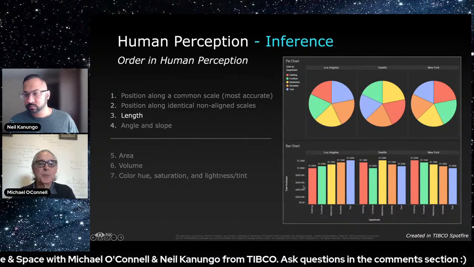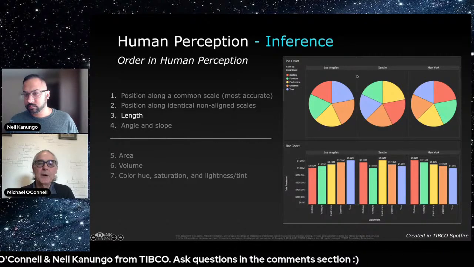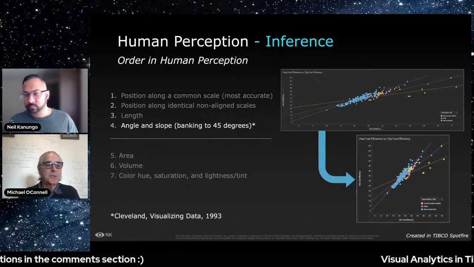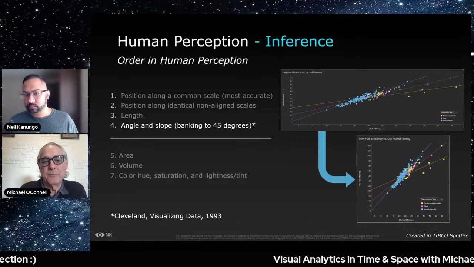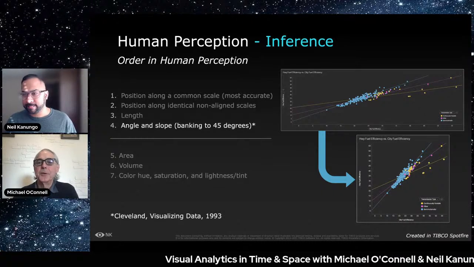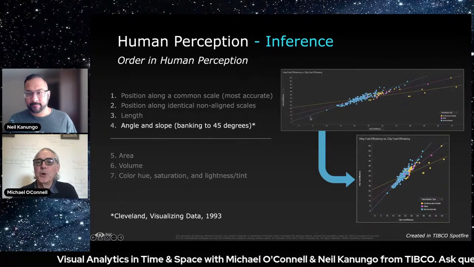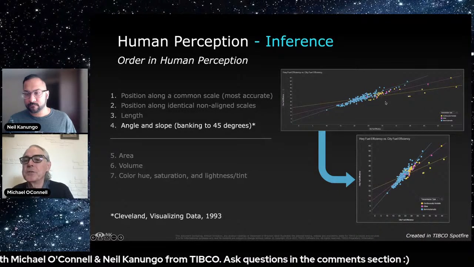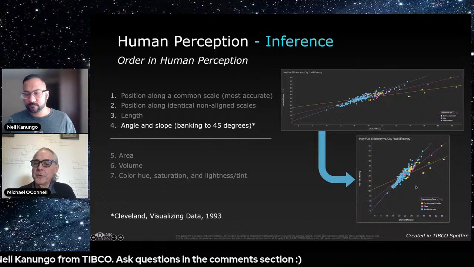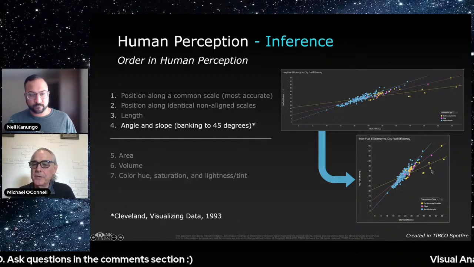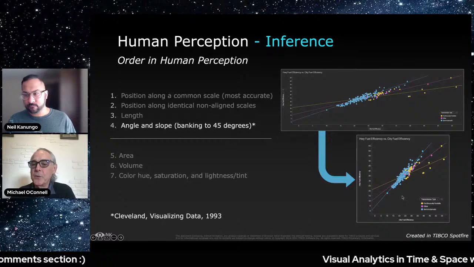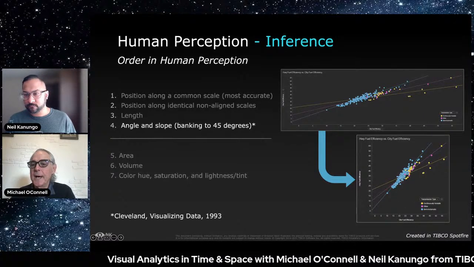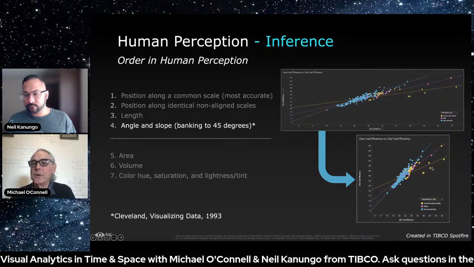So the length piece humans do very well above the line, but the area piece below the line here, we don't do very well. And then when it comes to banking to 45 degrees, you can see that on the top graph, it's difficult to pull out which of these three colors has a different slope. But in the bottom right, when you've banked the slope to 45 degrees, so the average slope on the bottom graph is 45 degrees, you can very quickly see that the slope of the blue is quite different to the slope of the yellow.